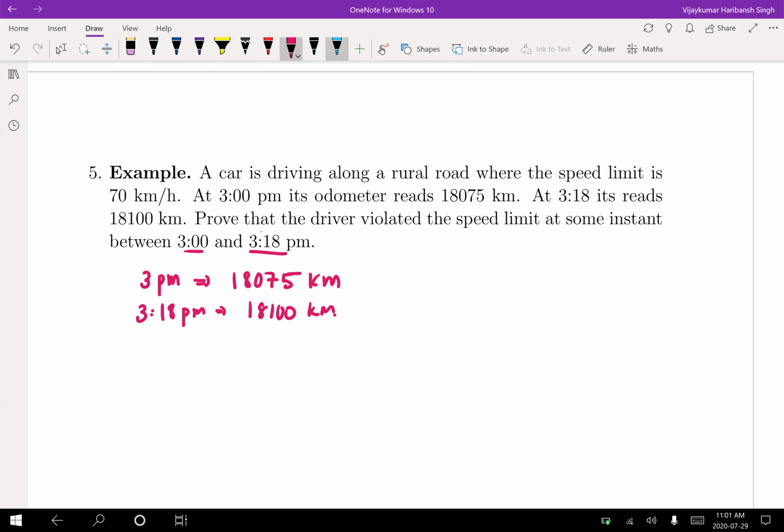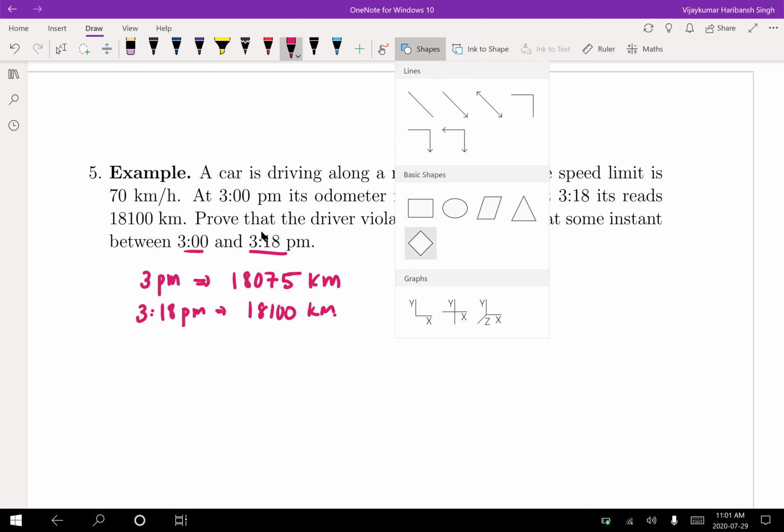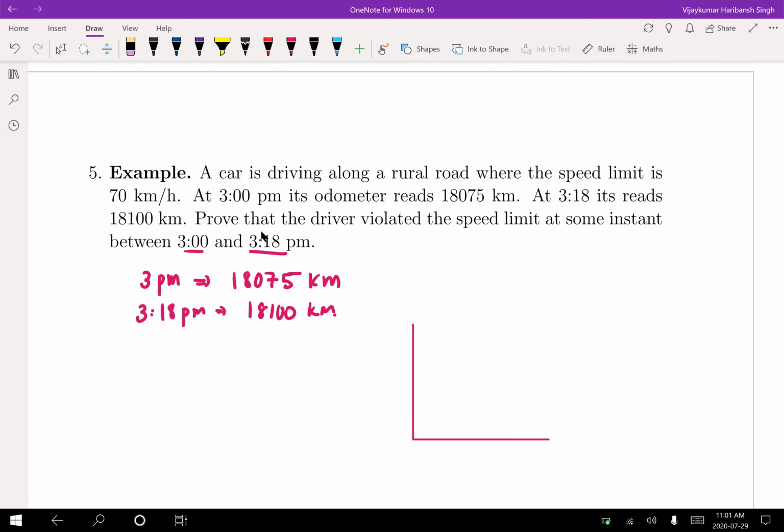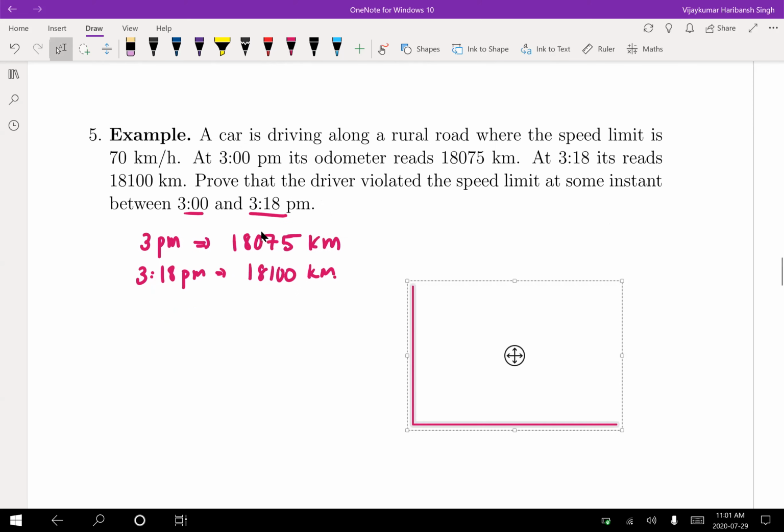Consider the following function then. You have the time axis and you have distance. Let's call this distance function d of t.